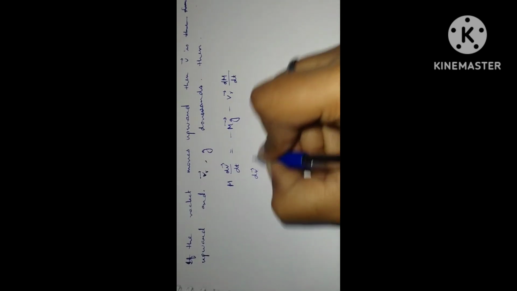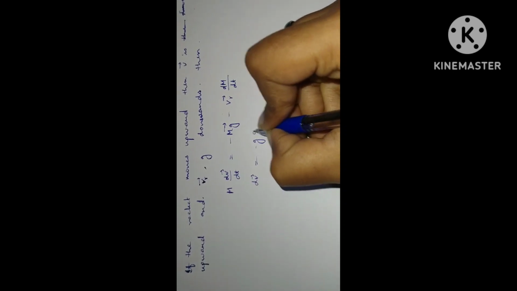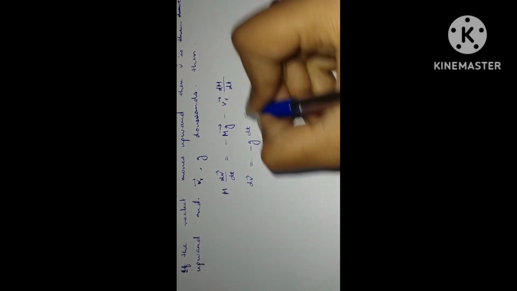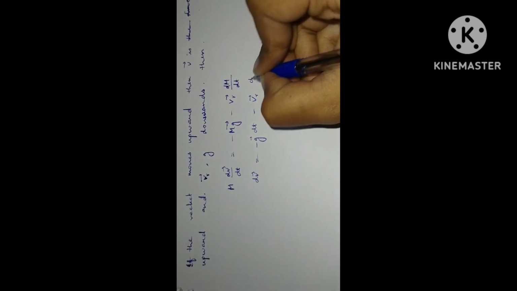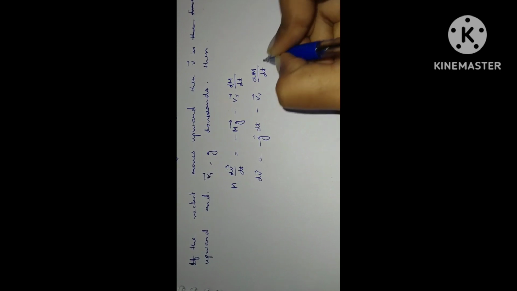So dv equals minus g dt minus Vr dm by m.